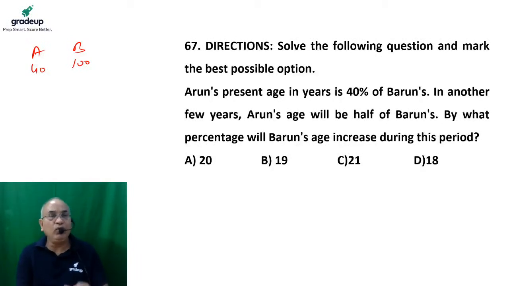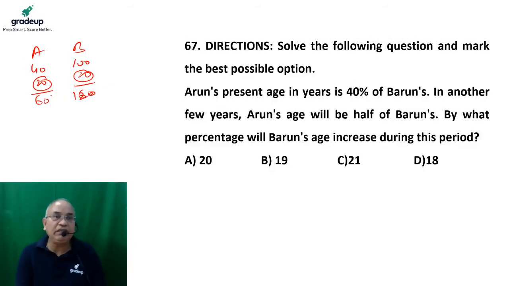In CAT, you can do it easily. If I add 10 to both ages, it becomes 110 and 50, but 110 is not double of that. If I add 20 to both, after 20 years this person will be 60 and that person will be 120.